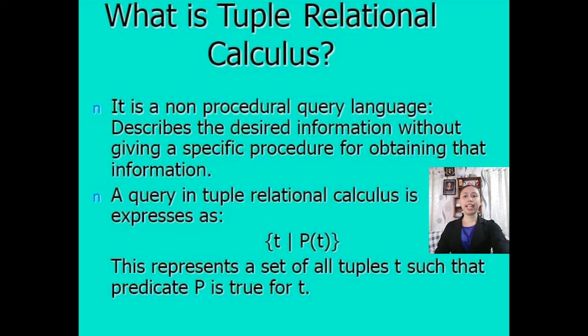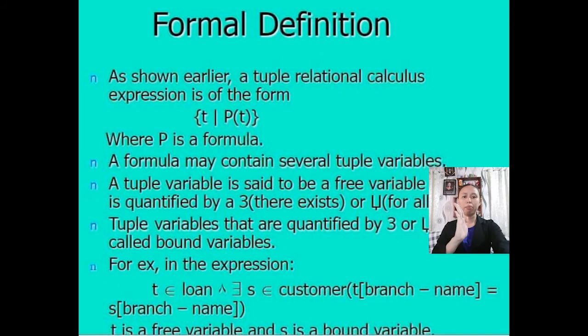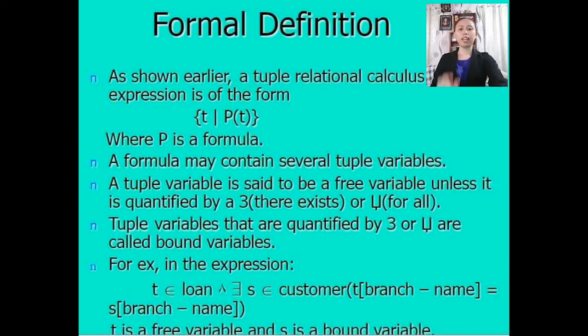As shown on this slide, a tuple relational calculus expression is of the form: curly open bracket, t, a vertical line, capital P of t, then a close curly bracket. So this expression is a query language.